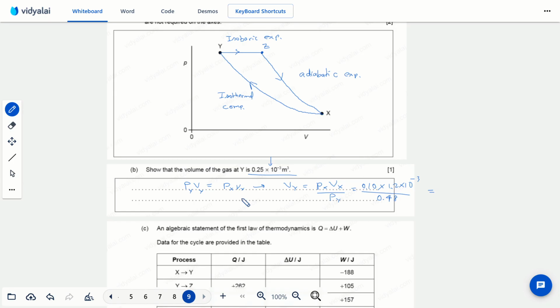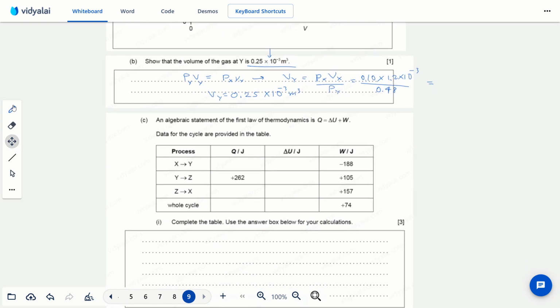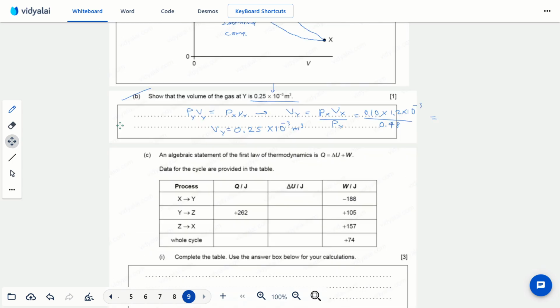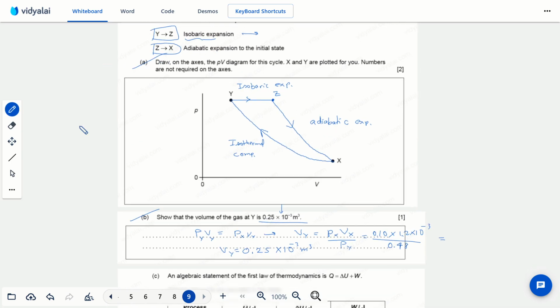Yep, this is what we have. It's either 25 to the power of minus 4, or it's 0.25 times 10 raised to minus 3 meter cube. Okay, so we got the volume of the gas at Y, and that solves this part as well. So we have solved 2 already.